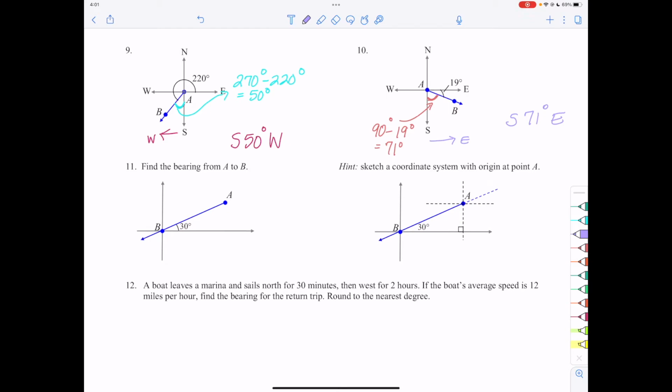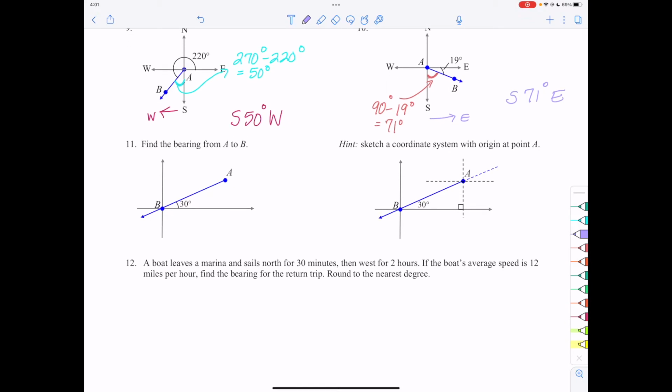Okay, now let's take a look at number 11. We're asked to find the bearing from A to B. So we could actually draw this little 4 quadrants you could think of, and this is the angle that we are looking for. So moving over to this sketch, we can see that we would like this angle right here.